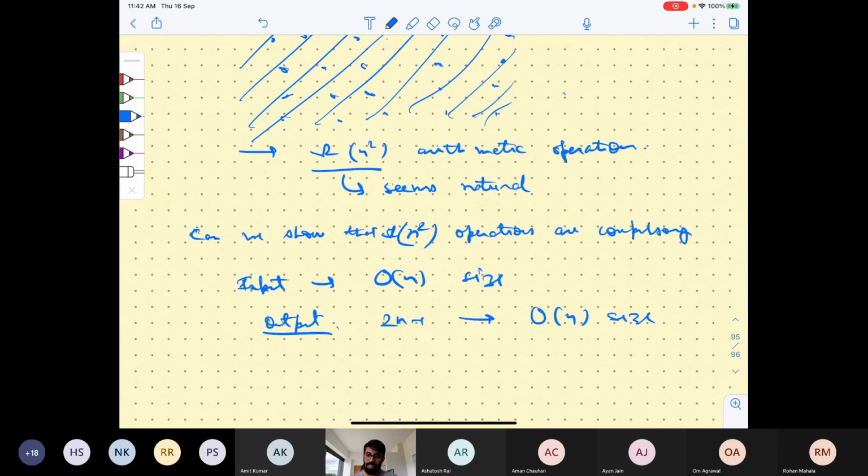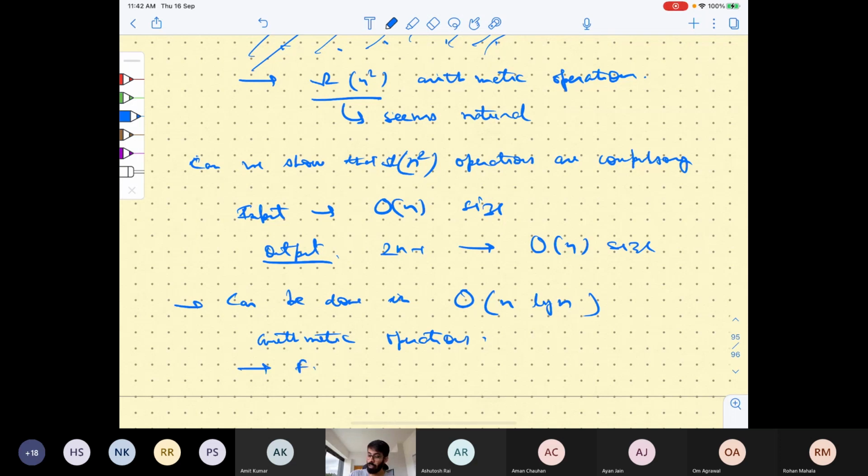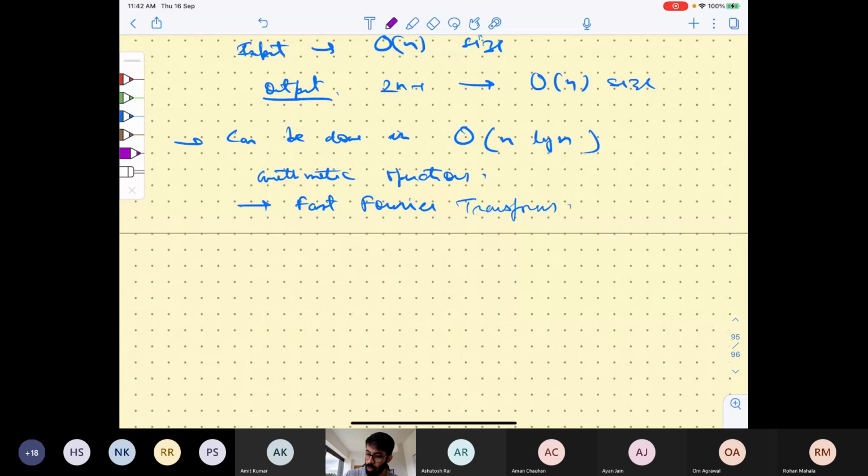So actually we can say that these n square are not necessary, and you can do it in order n log n arithmetic operations. And this uses the technique of fast Fourier transforms. Okay. So I'll just give an overview of the algorithm, and then tomorrow we'll see how the algorithm actually works.